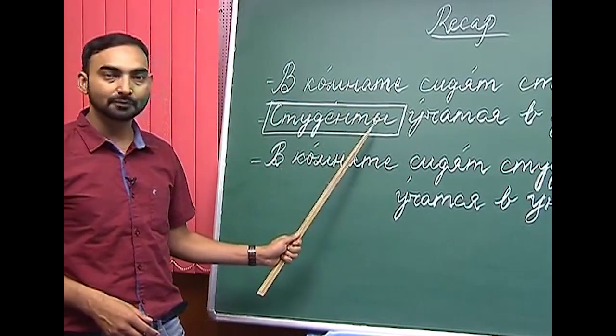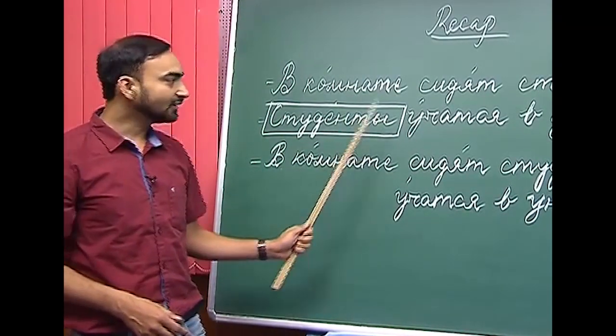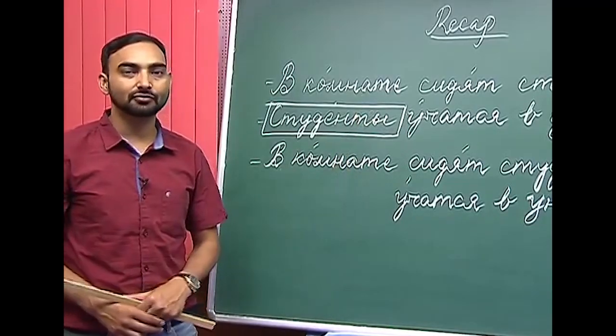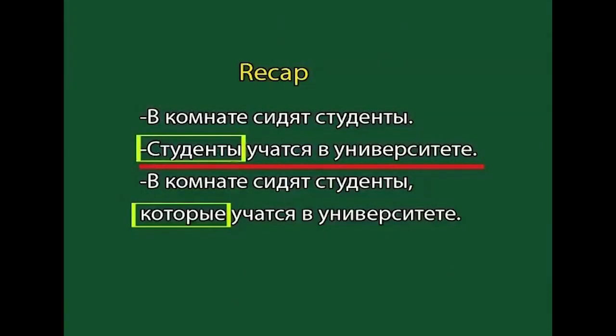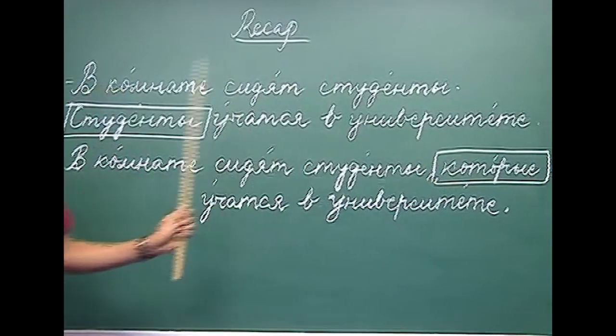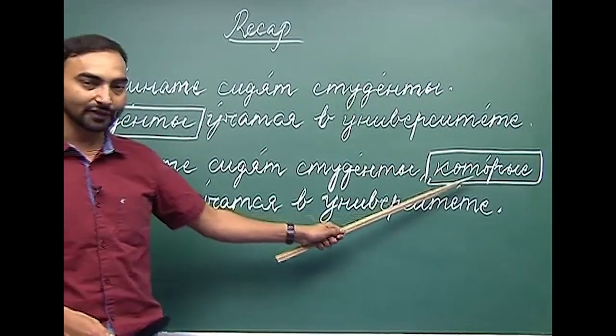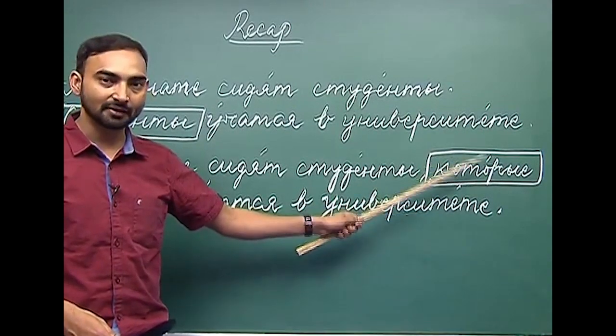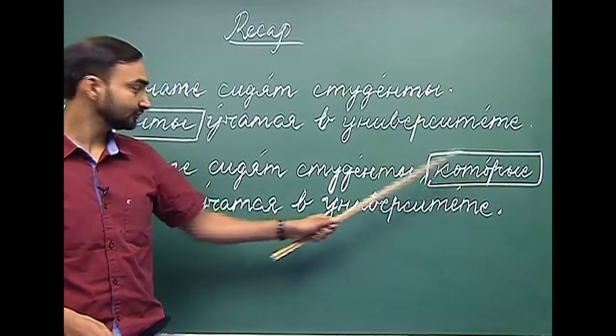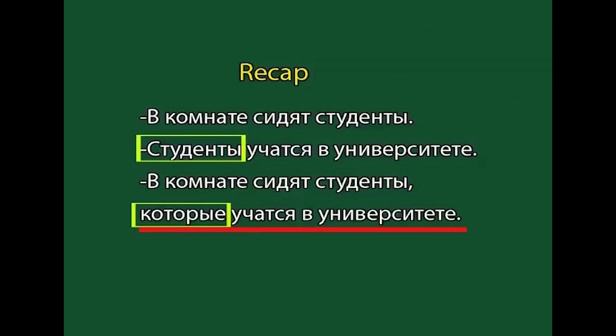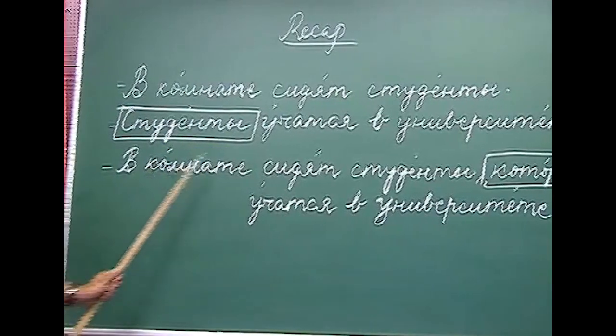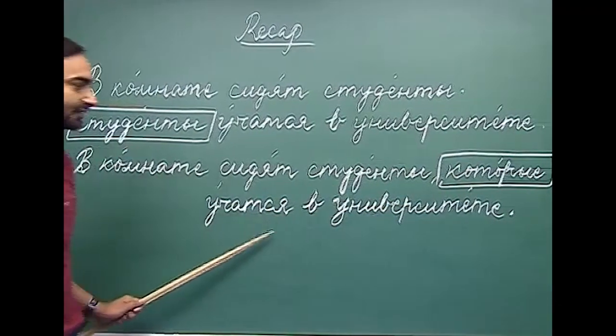Studianti, as you can see, is a plural number, and as for gender, the plurals do not have any gender. So, katorie is the form that refers to studianti. So, this is also in the nominative case, plural number. So, vkomnate sidyat studianti katorie uchatsa universitete.